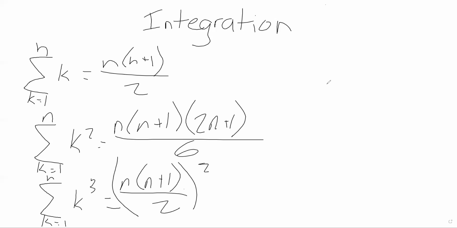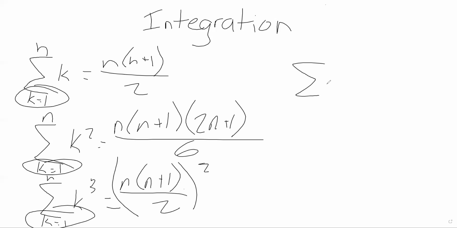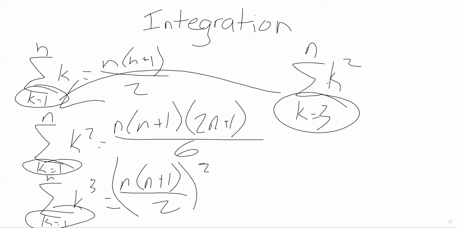One thing that I would like to note while we're looking at this is that for all of these, k equals 1 to start. There will be some cases where you're given something like k squared from k equals 3 to n. That does not match up with the formulas that we gave.